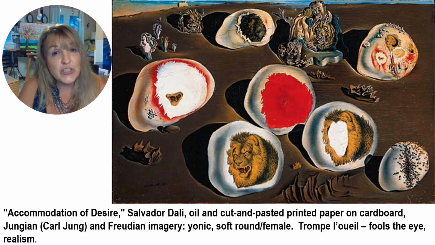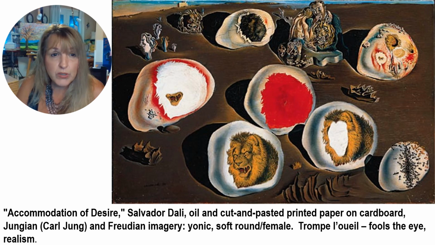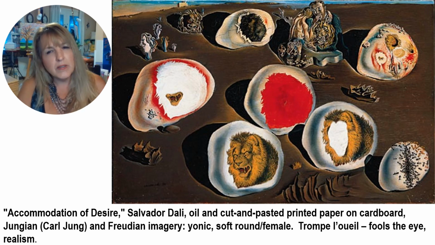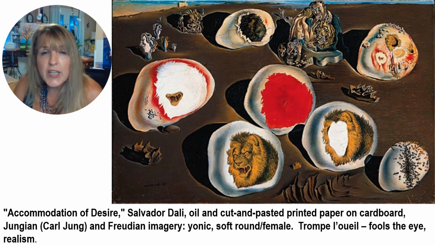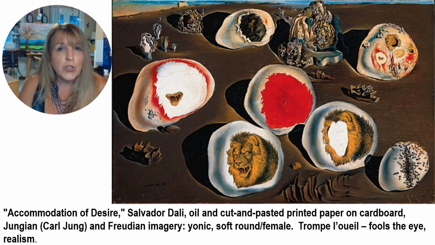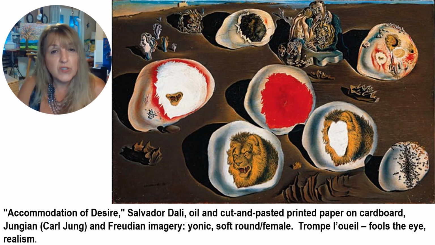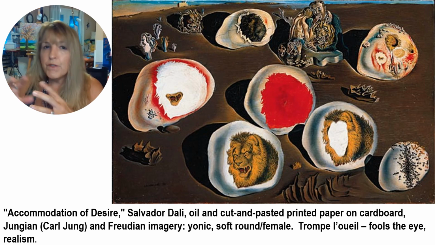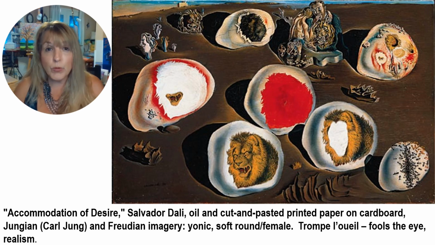So this is Accommodation of Desire. It's by Salvador Dali. Oil and cut and pasted printed paper on cardboard. It embraces something psychological, which we call Jungian theory. Carl Jung, who was associated with Sigmund Freud. And Freudian imagery, the yonic is soft and round and female, breast-like, really.